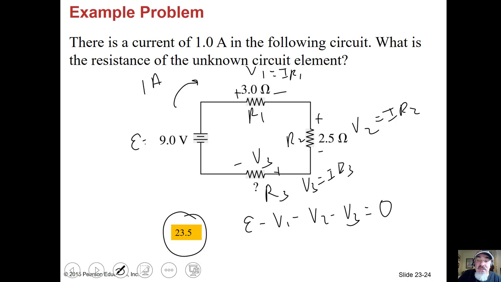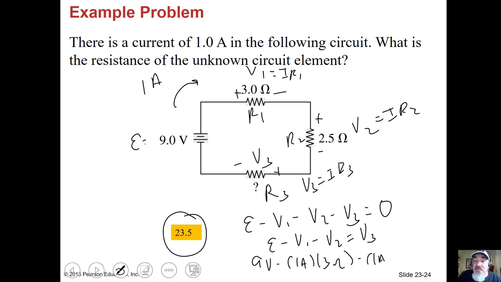But I can do this. Squiggly E minus V1, which I'll know, minus V2 is equal to V3. So we can solve for V3. So this would be 9 volts minus V1, which is 1 amp times R1, which is 3 ohms, minus V2, which is 1 amp. Remember, V is equal to IR from Ohm's law.